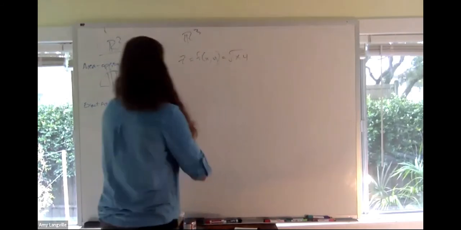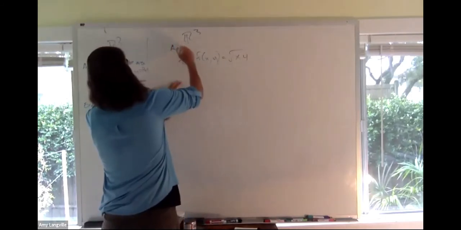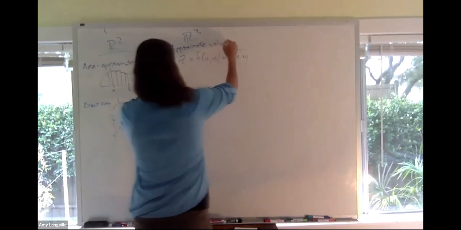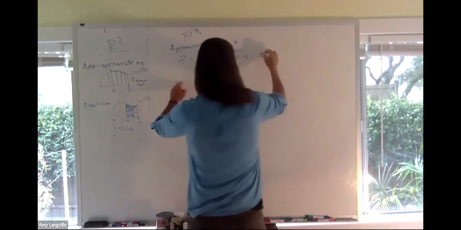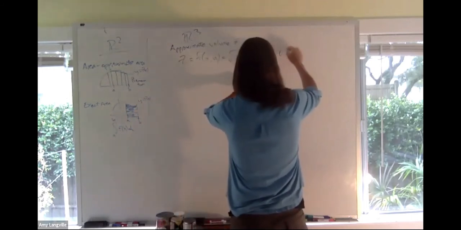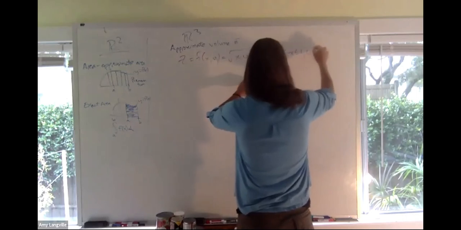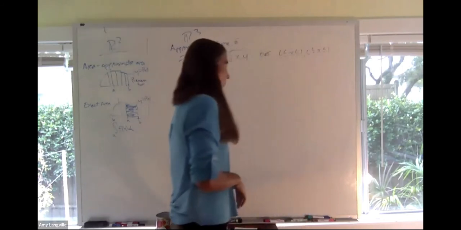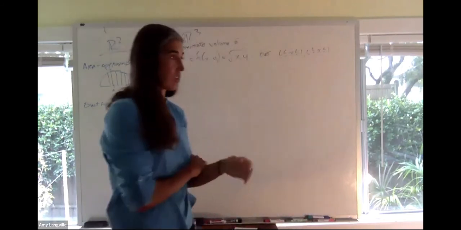So we're going to try to approximate the volume of this function, but we have to do it over a region. To keep the math easy, we'll say x is between 0 and 1. That was the picture I just showed on the screen share.